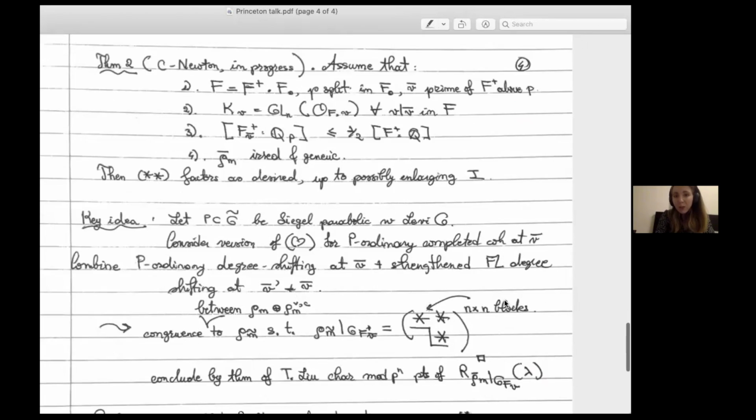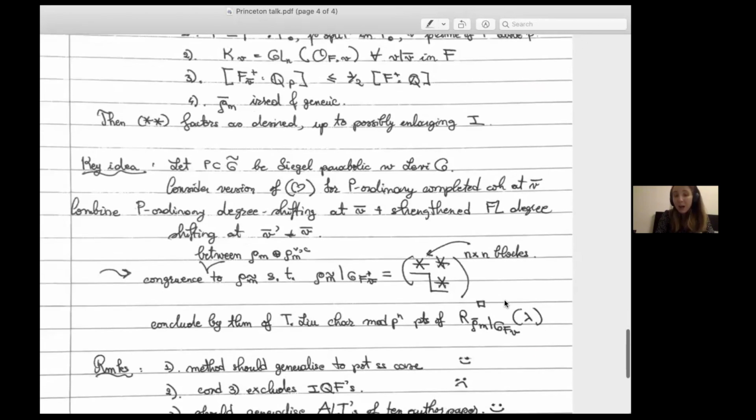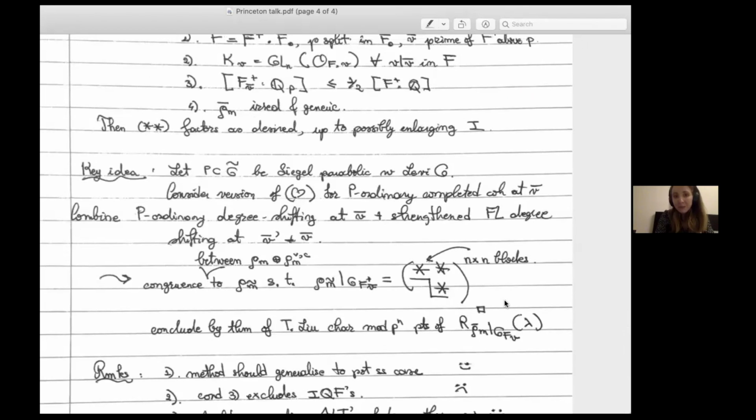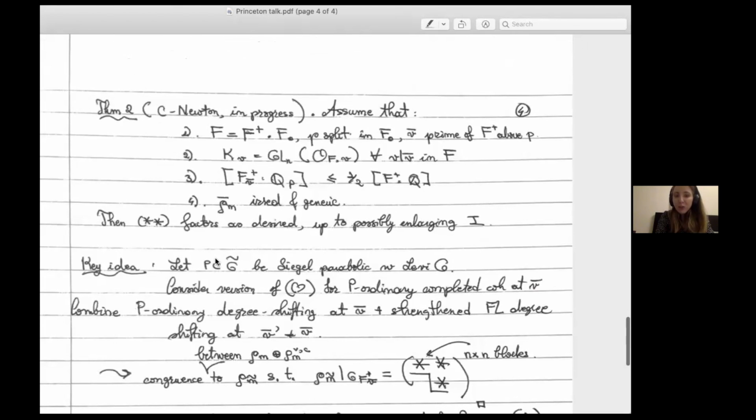And so maybe just a word about what the key idea for proving this is. The idea is to use Hida theory, but in the more representation-theoretic formulation of Emerton. So basically you choose P to be the Siegel parabolic inside the big unitary group, the one that has our GLn over F as a Levi.